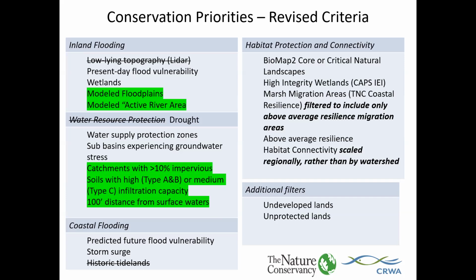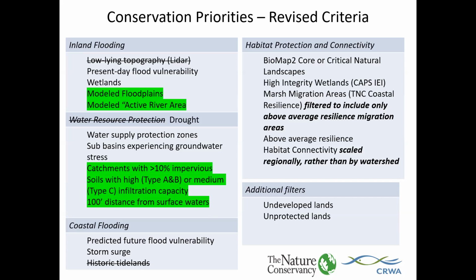Drought, I'll walk through an example of this in a minute, but we made some changes around the soil types that were considered and added in some consideration of the amount of impervious surface within a catchment, thinking that where there's more impervious surface, there's less ability for water to infiltrate and recharge.